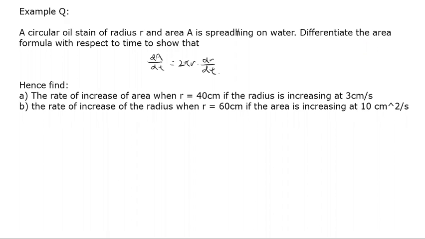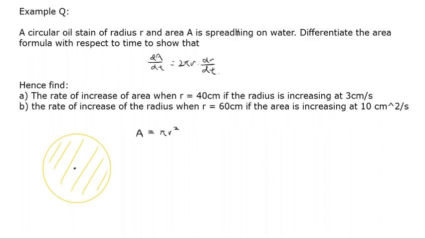What shape is our oil stain? Circular. Right, and so it says the area formula. So how do we work out the area of a circle? Pi r squared. Right. So we agree that it's a circle. So basically the area must equal pi r squared.